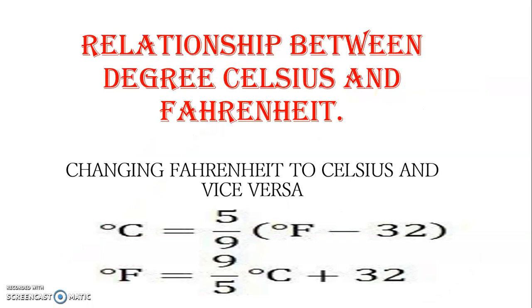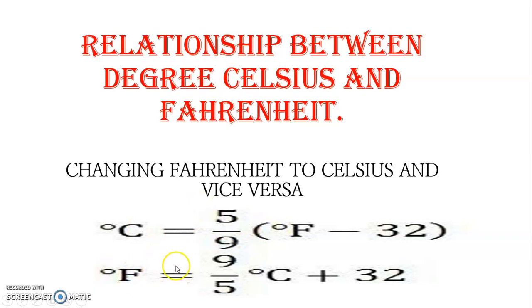Okay, now let's look at the relationship between degrees Celsius and degrees Fahrenheit. That is, changing Fahrenheit to Celsius and changing of Celsius to Fahrenheit. Now, these are the formulas. Now, if you want to change your degrees Celsius to Fahrenheit, this is what you do.